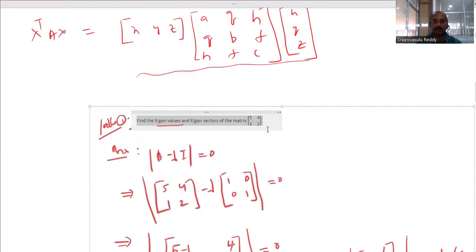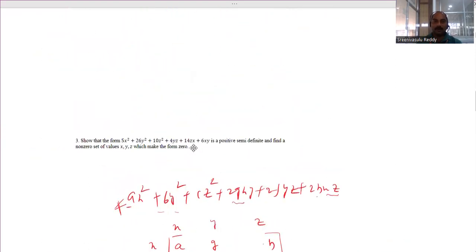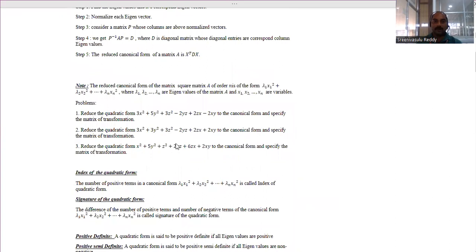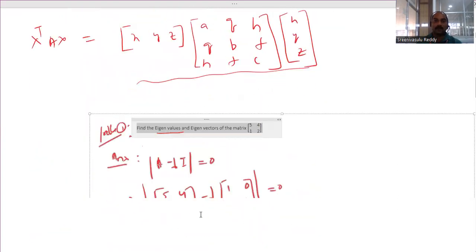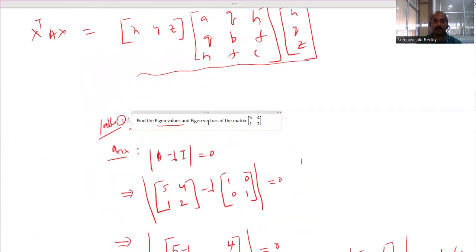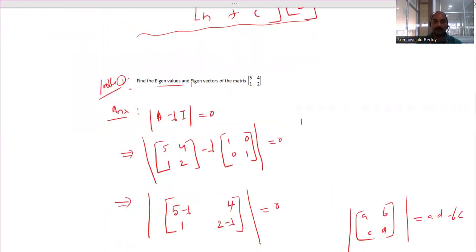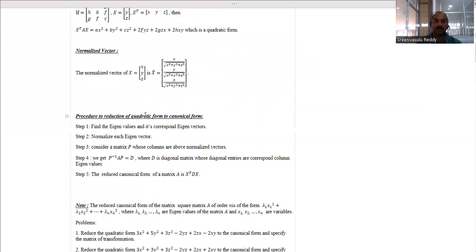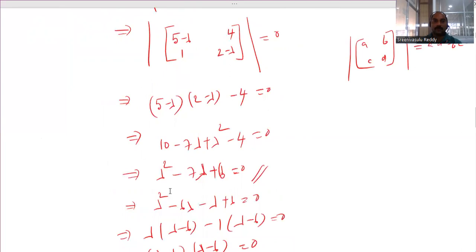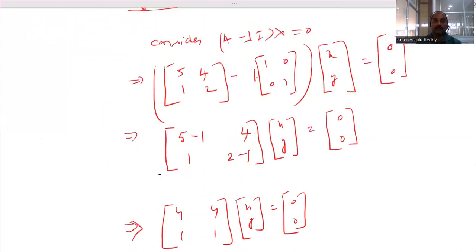But here also it is not useful to us, because canonical form is always a symmetric matrix. Anyhow, we will try canonical form, because a diagonal matrix is always a symmetric matrix. Our question is the procedure. What is the procedure to reduce the quadratic form to canonical form?